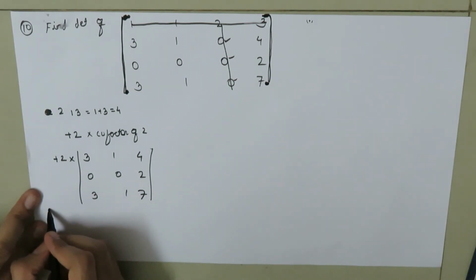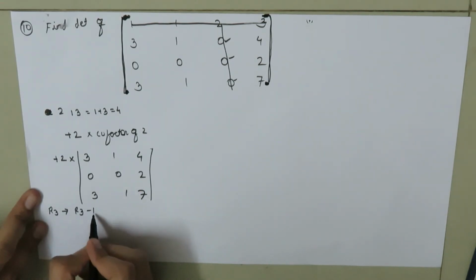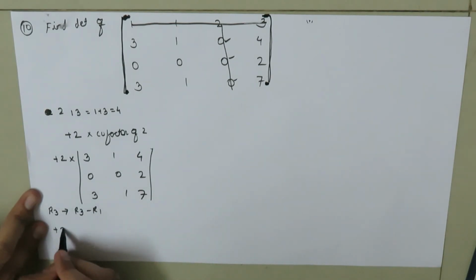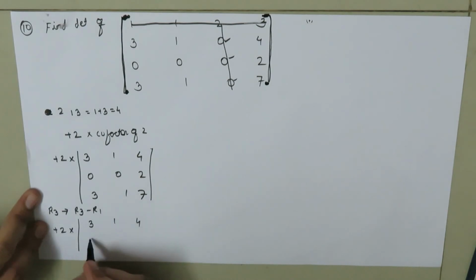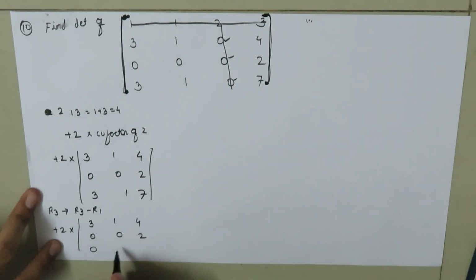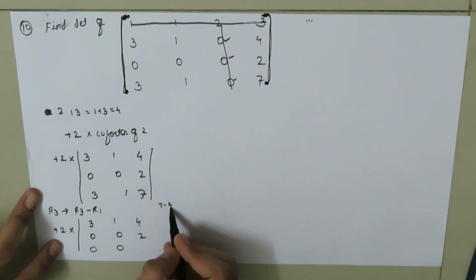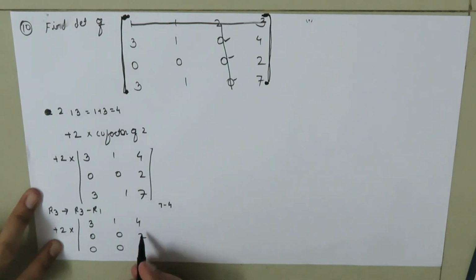So we'll do an operation, so R3 will be in such a way that R3 minus R1, so this is plus 2 multiplied by 3, 1, 4, 0, 0, 2, and this is 0, 0, and this is 7 minus 4, this will be 3.